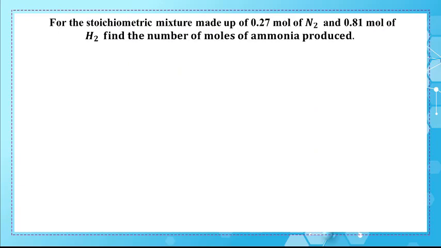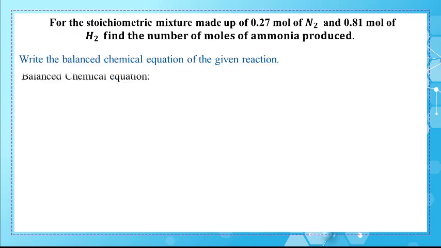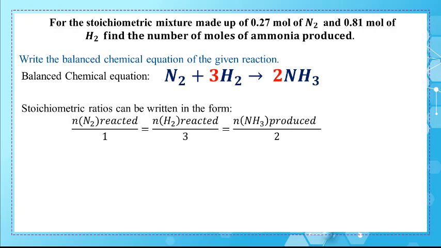For this stoichiometric mixture, find the number of moles of ammonia produced. First, we write the balanced chemical equation. The stoichiometric ratios can be written in the form: number of moles of N2 reacted over 1 equals number of moles of H2 reacted over 3 equals number of moles of NH3 produced over 2.